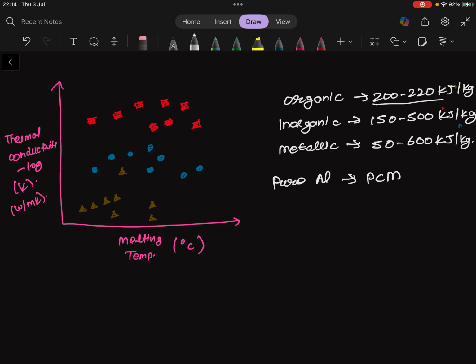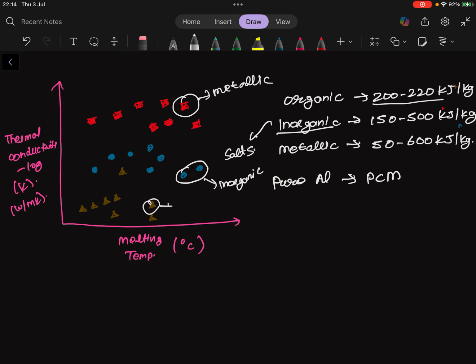Now inorganic materials like salts, this is our inorganic materials, this is our metallic materials, and this is our organic materials.